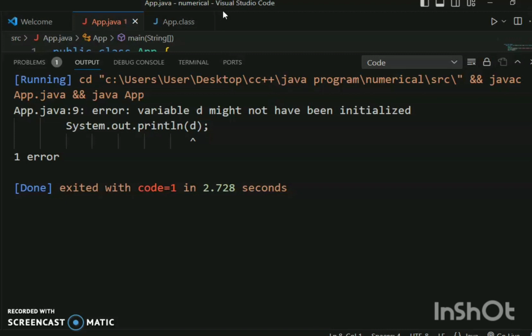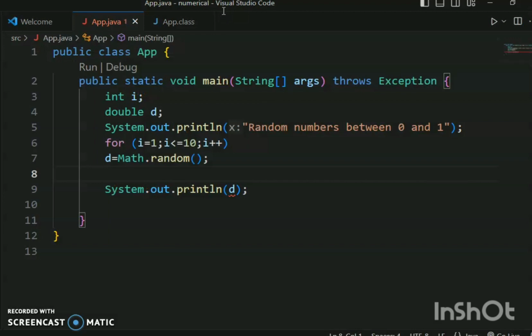Where is my error? The error is that the value d might not have been initialized, so I have to check.